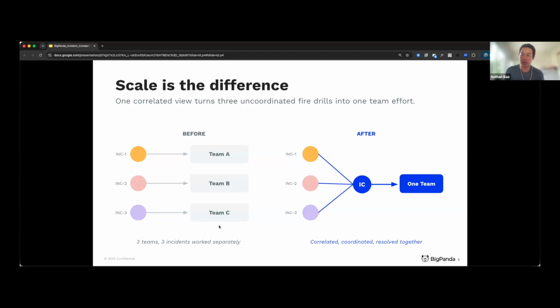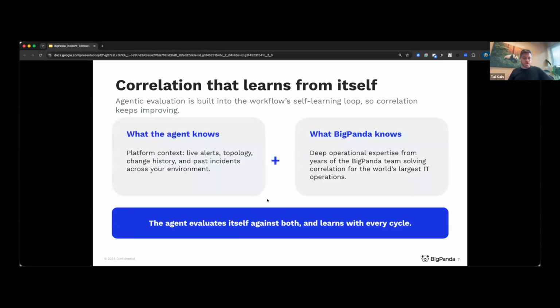Can you talk about how agentic technology has helped improve the accuracy of incident correlation, and how it differs from alert correlation? So I think that the story around the Gen AI approach to incident correlation is the ability to do reinforcement learning and actually make the system learn not just from a general way of solving the problem, but actually learning from the data coming from all these alerts, all these systems that our customers are connecting to the Big Panda platform.